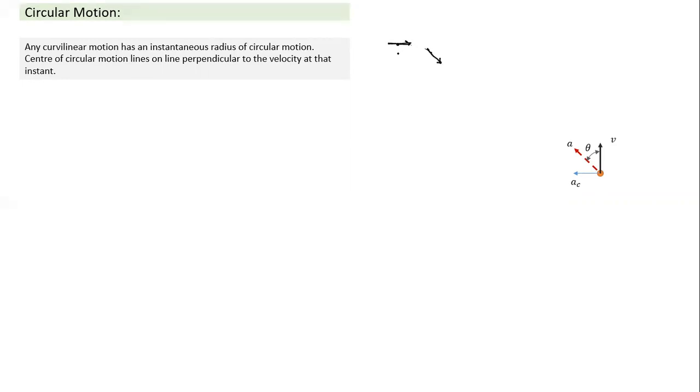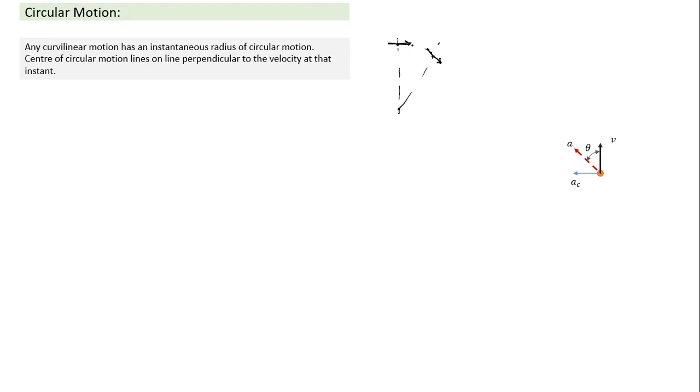the radius of curvature and center of this equivalent circular path? We know the center always lies perpendicular to velocity. So if I draw a perpendicular at this point, and here also at this particular point, to whatever velocity we have, and since they are at an angle, they will intersect.